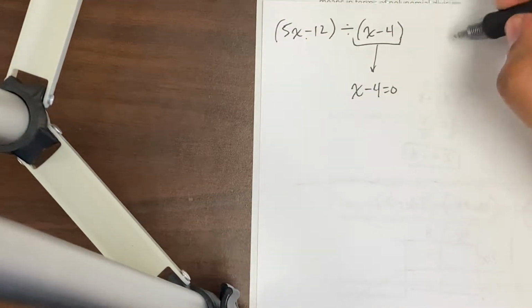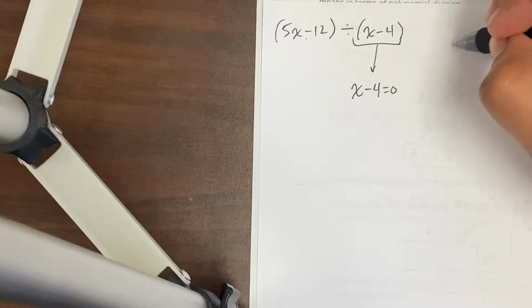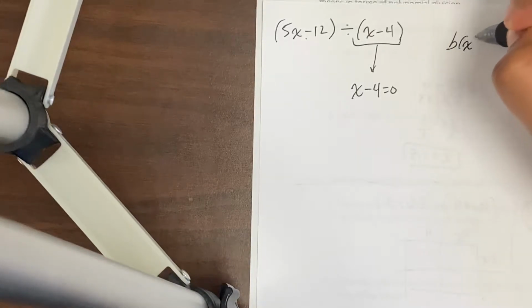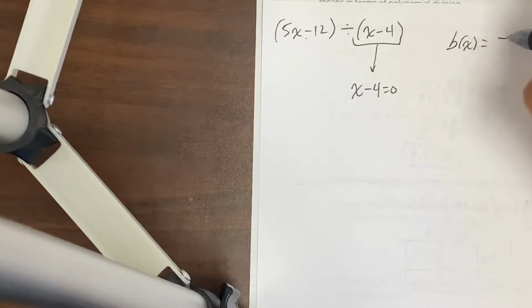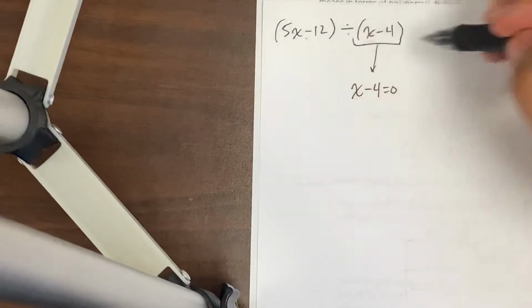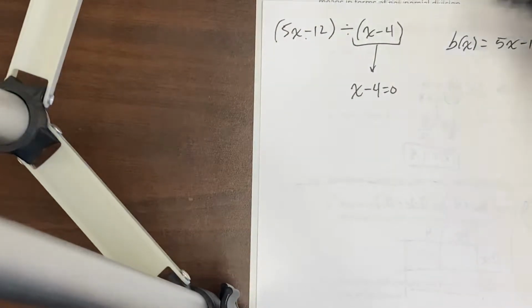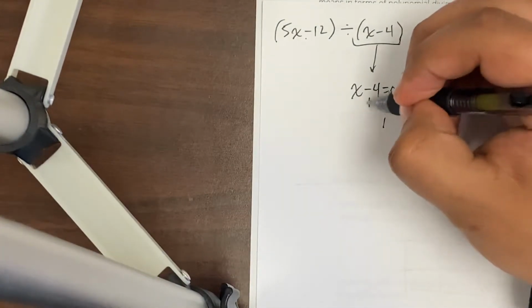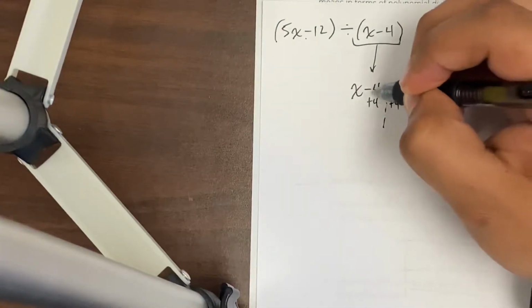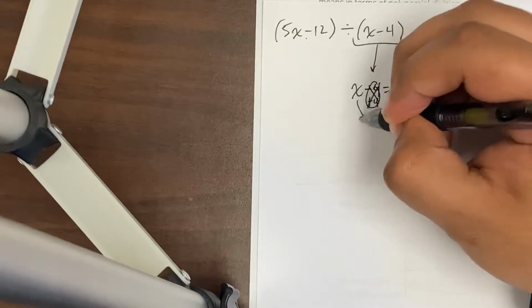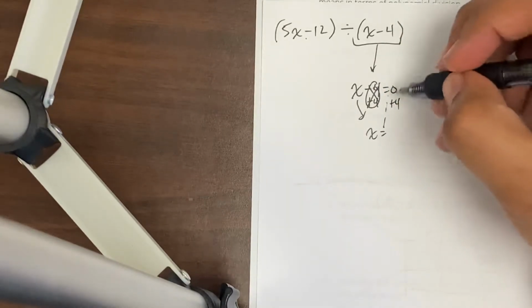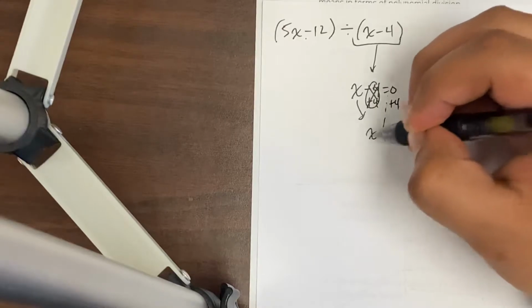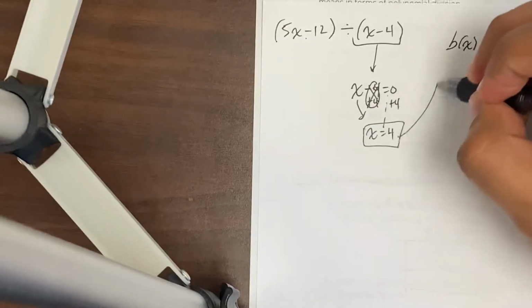This guy I'm going to write over here. Let's give it a name. Let's call it b of x equals 5x minus 12. This one's a little different because there's no exponent 2, so it makes it a little bit easier. Let's work this out real fast. Opposite of that. Beautiful. 0. Bring that down. X equals 0 plus 4 is 4. Come over here.